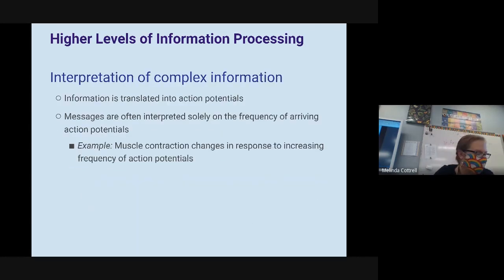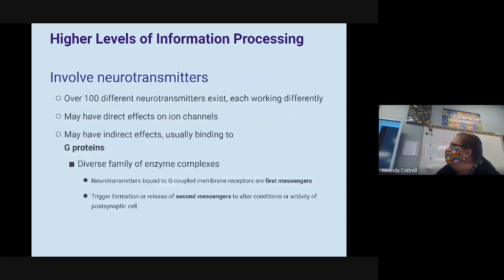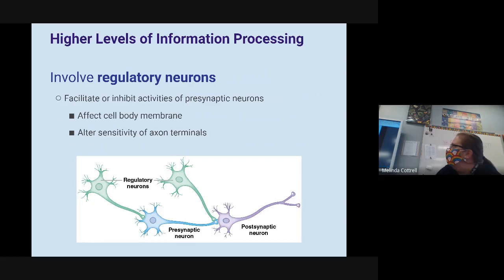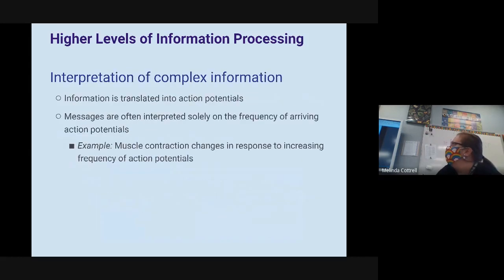Information processing also includes interpretation, okay? So far we talked about regulatory neurons, neurotransmitters, and now interpretation, all right? Interpretation relies on the frequency of the action potentials.